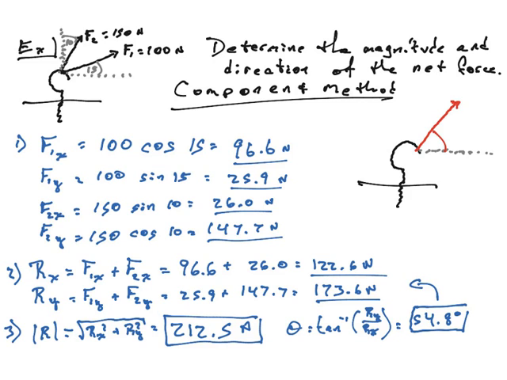If I pull at 54.8 degrees with a force of 212.5, then this hook would feel exactly the same thing as the original hook did. It would not know the difference.